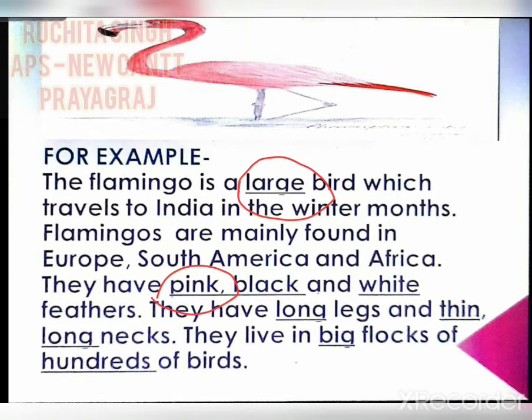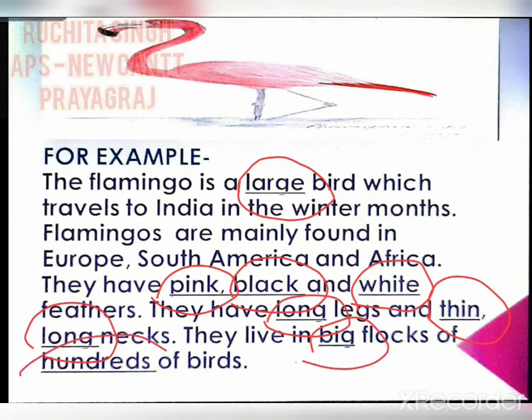the color of the bird, like it is pink, it is black, it is white, it has white feathers, as you can see. Then their legs are long and thin. Then neck is long. Then they live in big flocks of hundreds of birds.